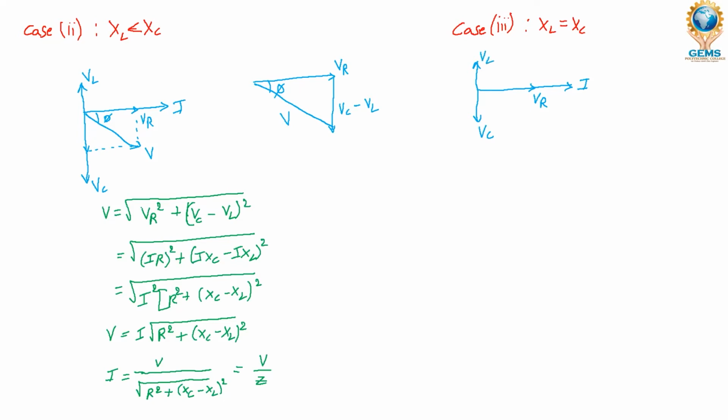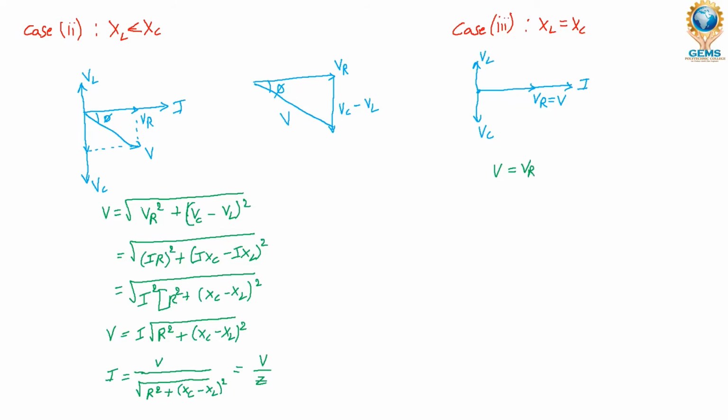Then the resultant will come here only. VR equals V. Why? Because if you take like this, this one and this one will get cancelled. It will come 0. VC minus VL equals 0. Now VR equals V. In this case, no need to calculate, we can say directly V equals VR.